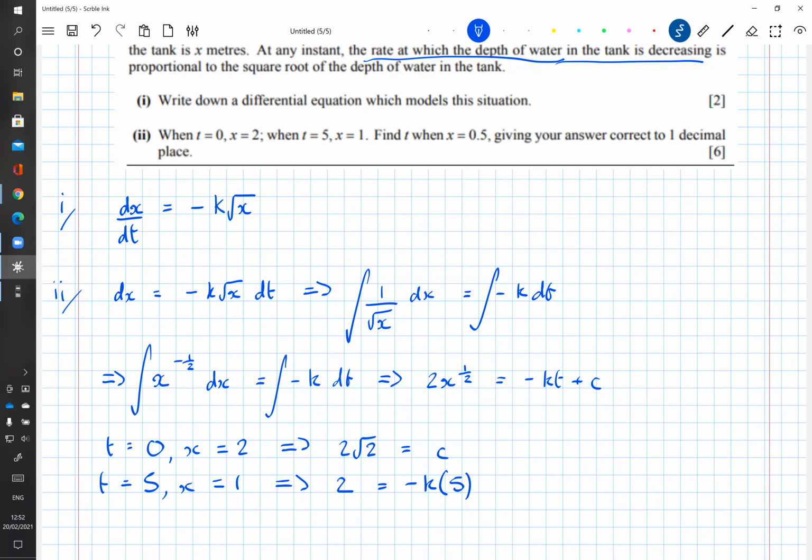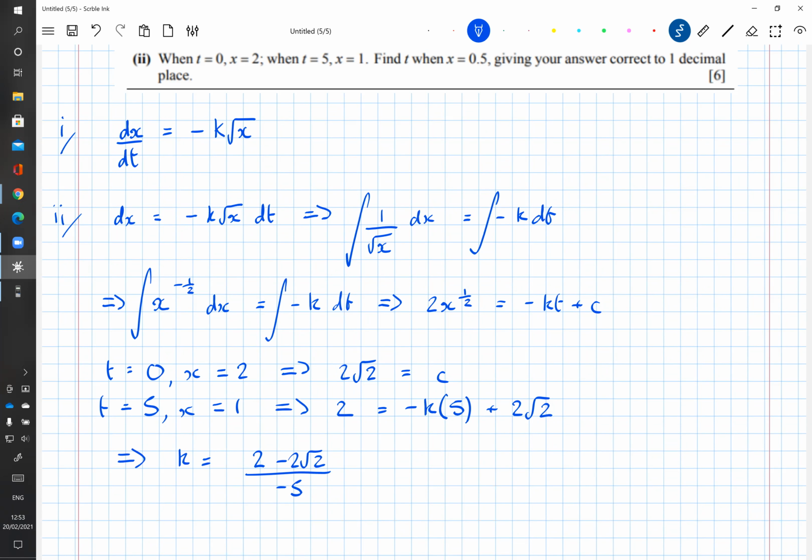Which means that k equals 2 minus 2 root 2 over minus 5, or timesing that by minus 1 over minus 1. We don't like negative denominators. Don't know why we don't like them, but it's just something that is programmed into us not to want to see. So we've got that there.